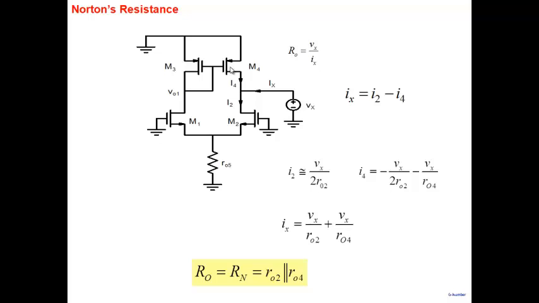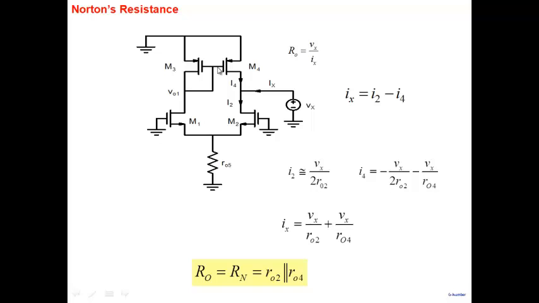So we've done an elaborate analysis to show that the effective resistance is given by this. Now, as I said, many times in textbooks you will find that they simply say that this node is ground, and this voltage is also ground. If this node is ground, then the resistance looking down is simply the resistance of M2, which is R02.